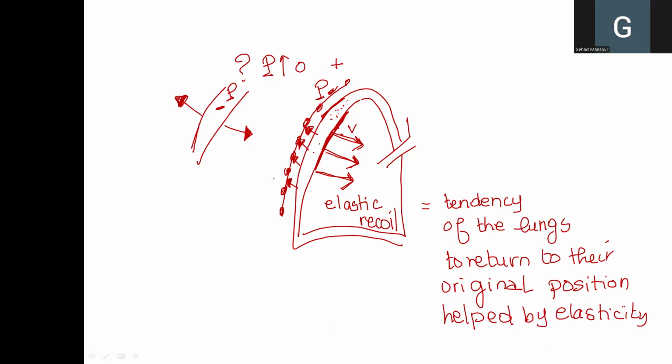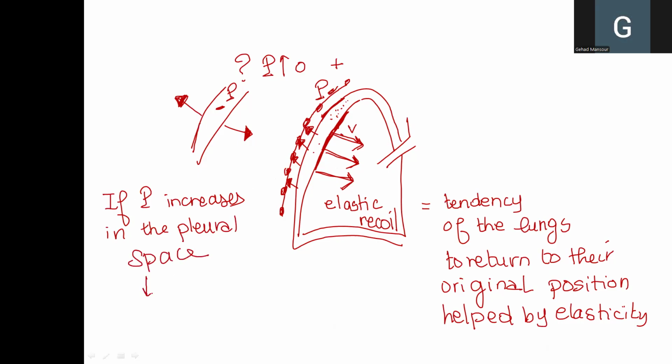If the pressure increases in the pleural space, this will result in compression on the lungs, and the compression on the lungs will result in collapse of the lungs.